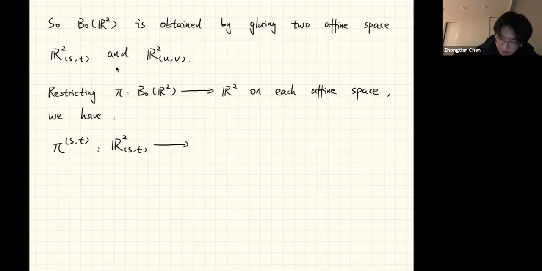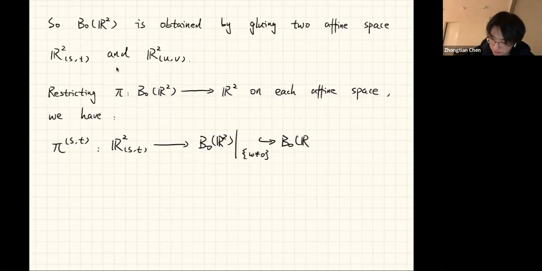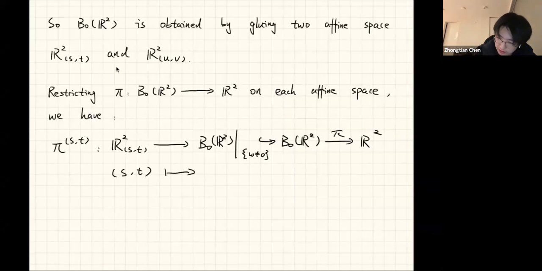First, we have this identification, right? This affine space is identified with this subset of the blow up, which just requires the w coordinate to be non-zero, and then we can apply projection. This means we take (s, t), it goes to this tuple, and then project to the first two coordinates.